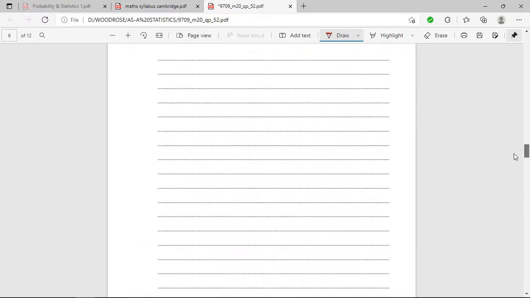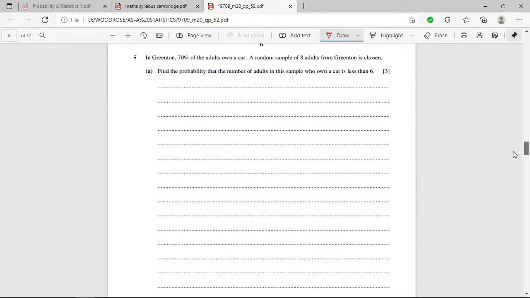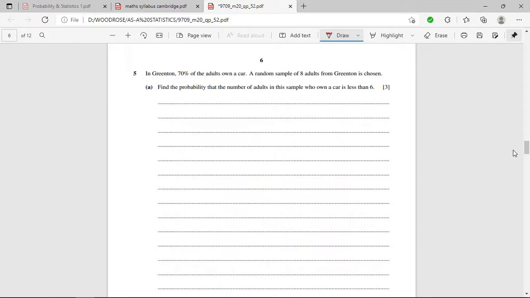On number 5, in Greenton, 70% of adults own a car. A random sample of 8 adults from Greenton is chosen. As you read the question, you would just find out which distribution this is.